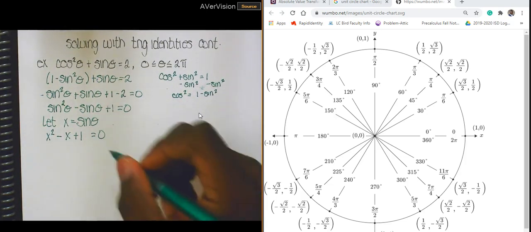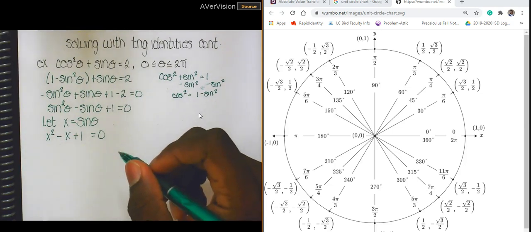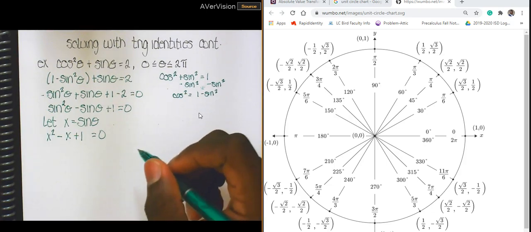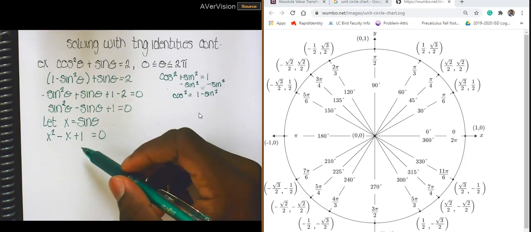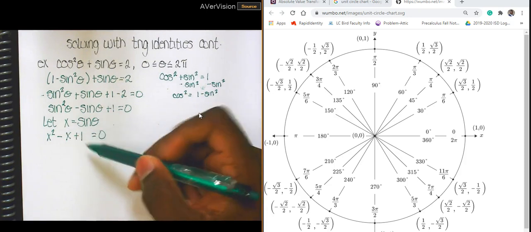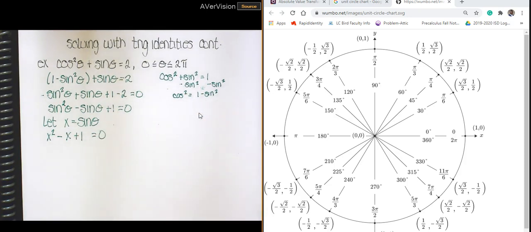Remember, it has to multiply to equal 1 and add or subtract to equal negative 1. Kristen, how do you factor this one since you're so good at it?